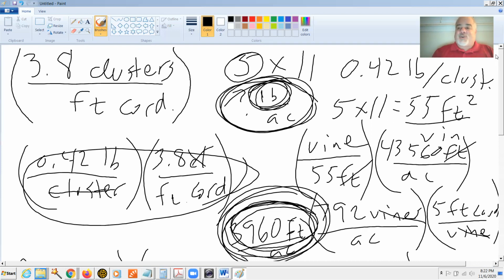And if I cluster thin to say, all right, it looks like I'm going to be overweight at harvest. I don't want that much weight coming off of my blocks. I'm overcropping these vines. How many clusters do I need to thin? And then you thin them. There's no going back. You can't put the clusters back on. So you got to be careful. You got to be very careful.